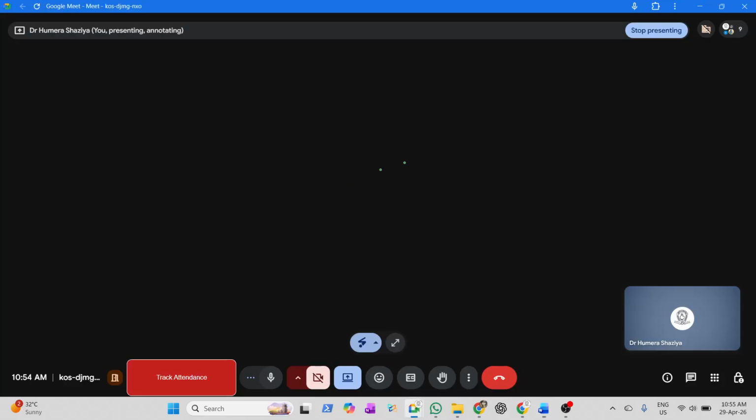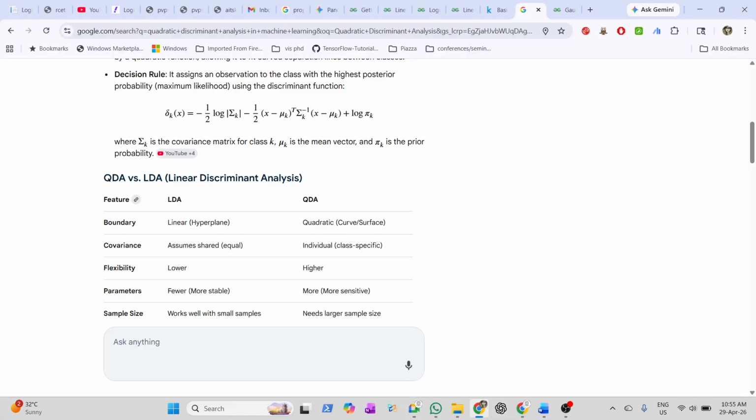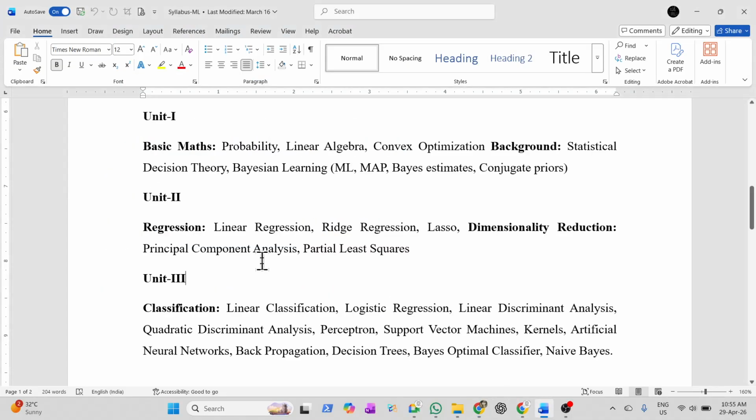At least type that definition in the chat window. Well, now I'm not going to explain it again. You have to respond, students.